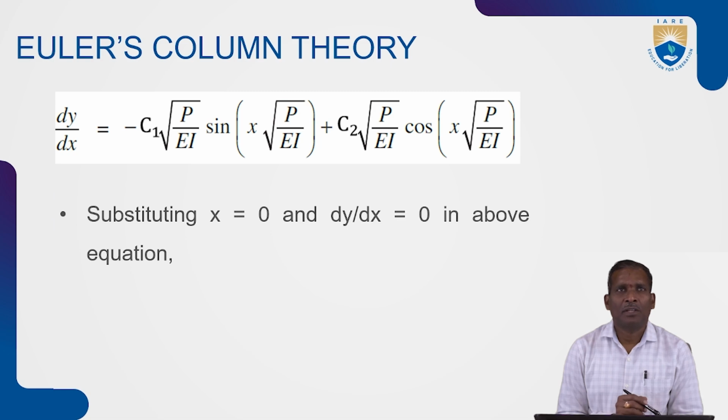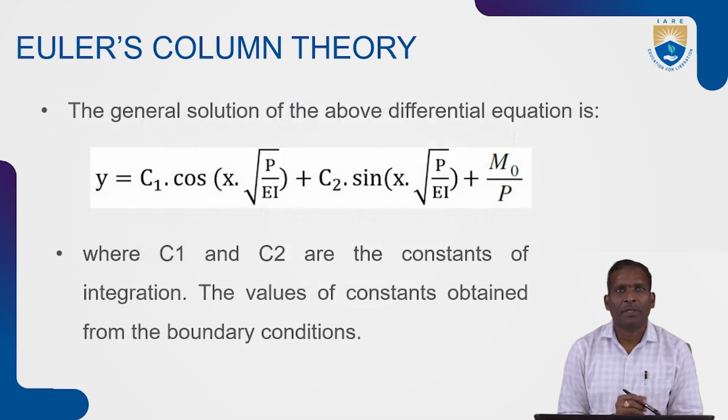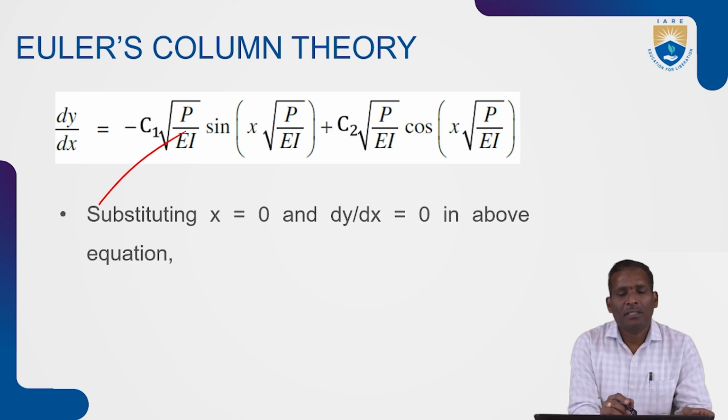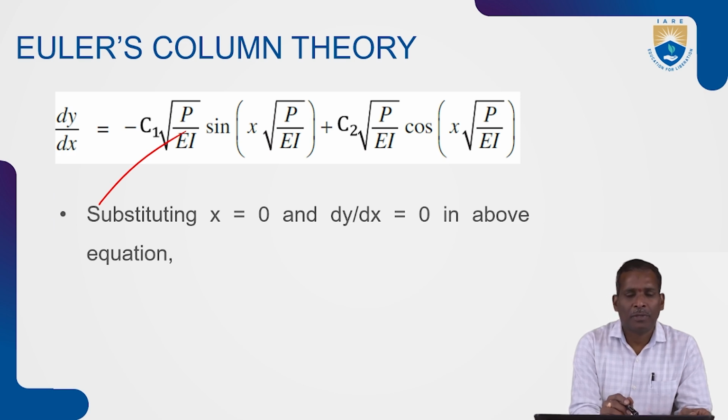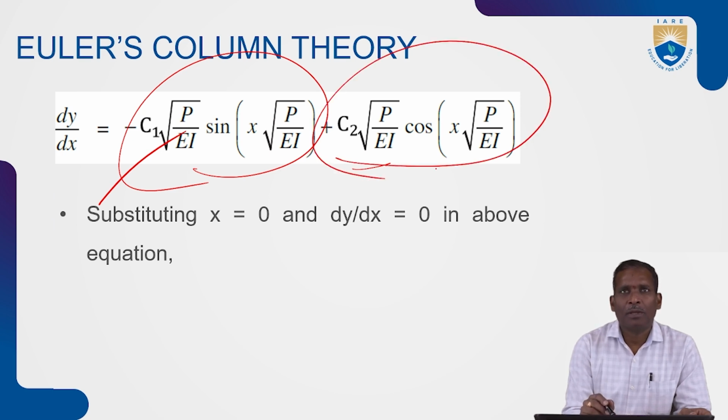So dy by dx is equal to, differentiating the above equation, minus C1 square root of P by EI into sine X into square root of P by EI plus C2 into square root of P by EI into cos X into square root of P by EI.